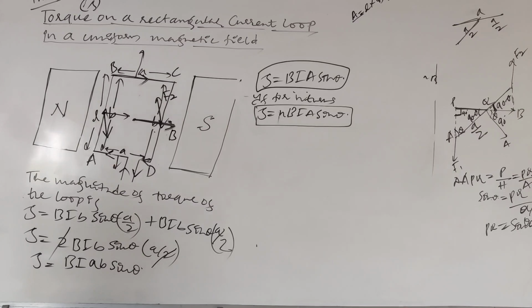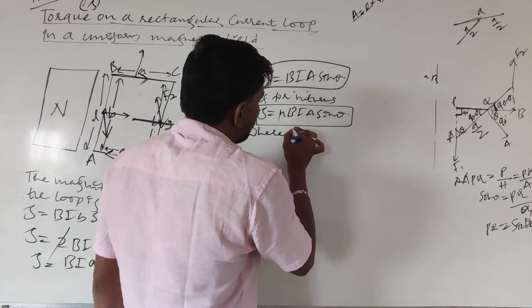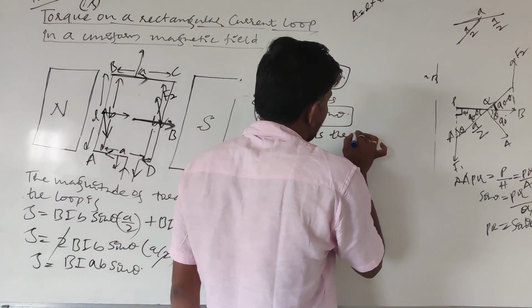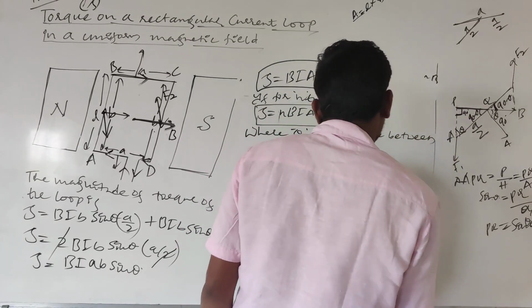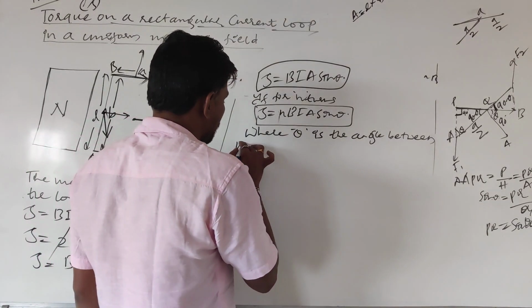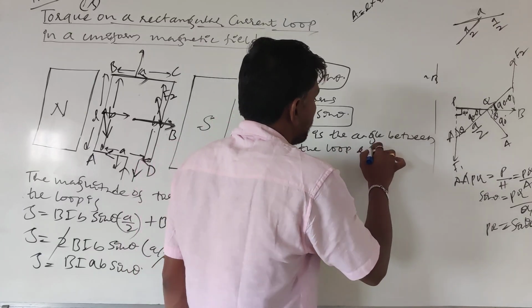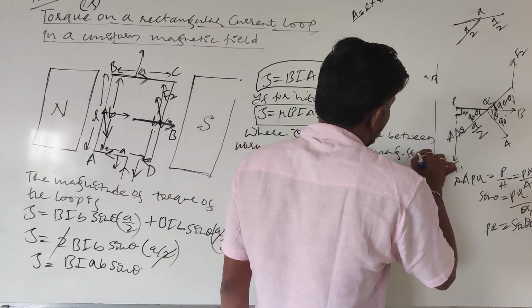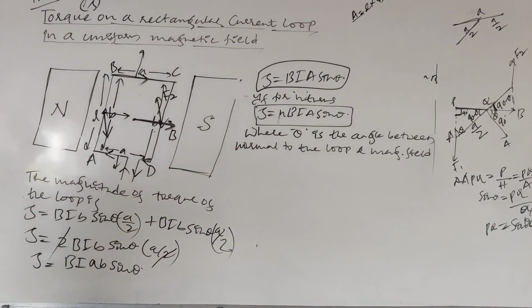Here theta is the angle between the normal to the loop and the magnetic field.